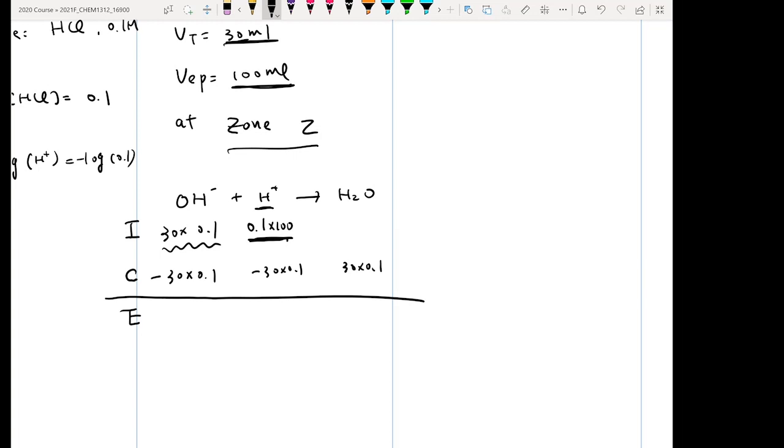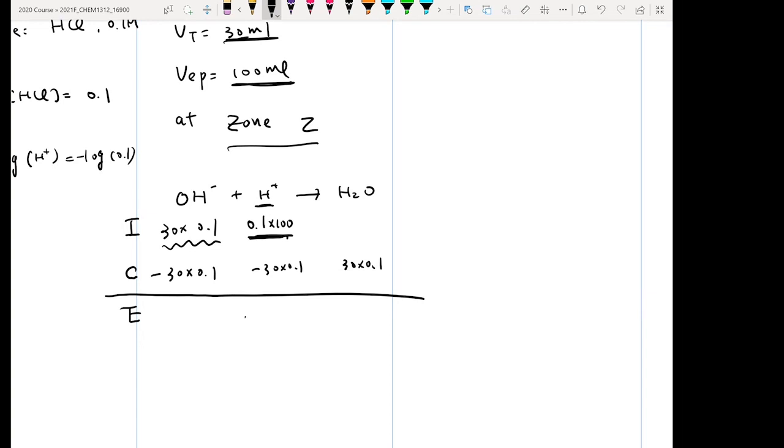Once you reach equilibrium, all the base is gone because it was consumed by the acid. Acid is in excess in this case. So in the end, you have 0.1 times 70, and then 30 times 0.1. So you have that much more acid still existing inside your solution.